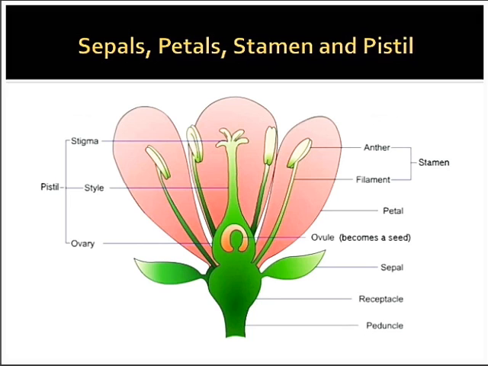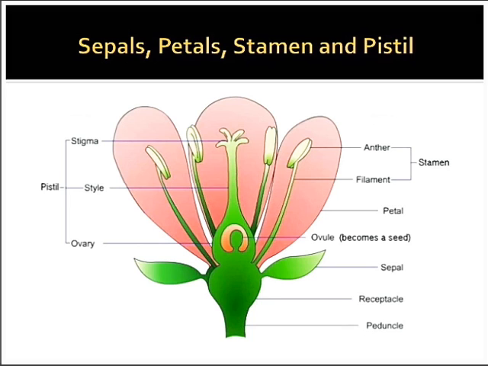The first part which I would like to show you is petals, and the second part will be sepal, the third part will be the male part stamen, and the fourth part will be the female part pistil.